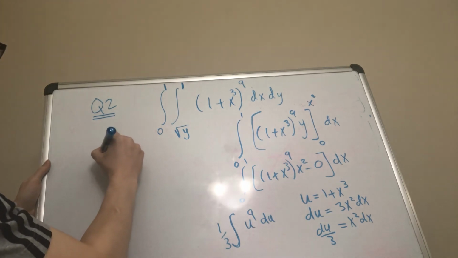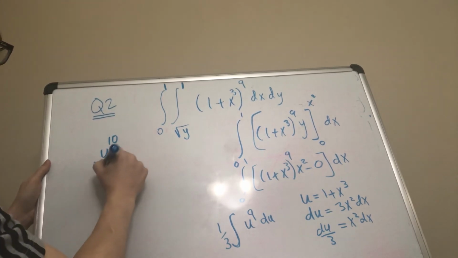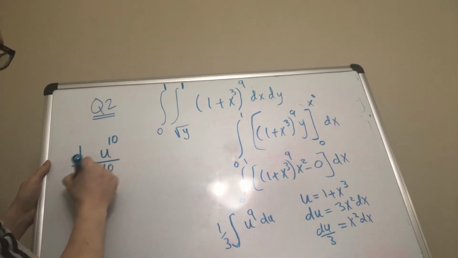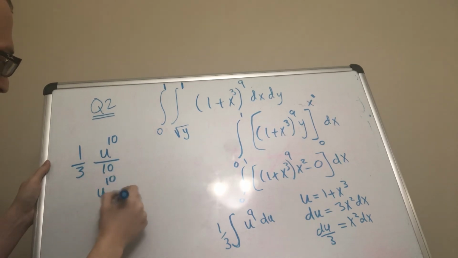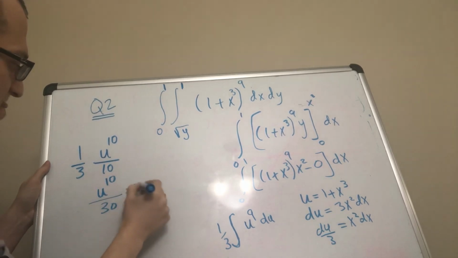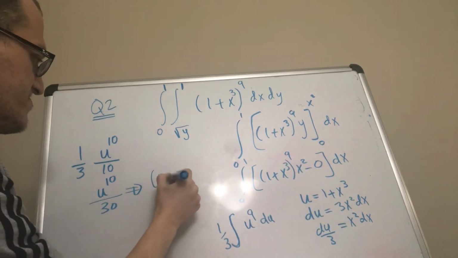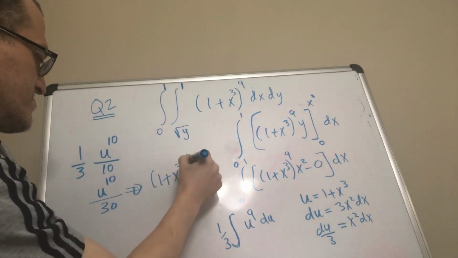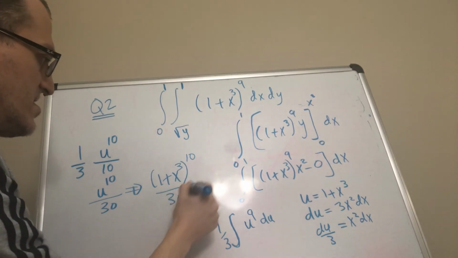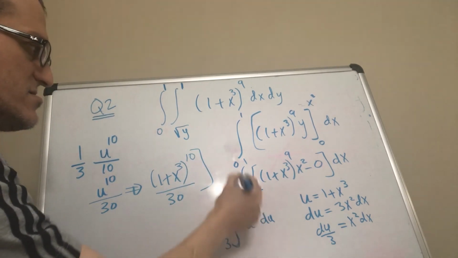Integrating this, it would be u to the 10 over 10 times 1/3, so u to the 10 over 30. Instead of u, I can put this now. And I know my limits, 0 to 1.